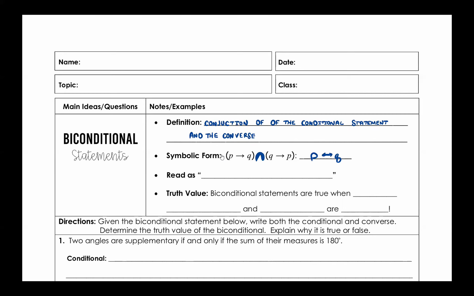And we read that as P if and only if Q. And you'll oftentimes see if and only if shorthand as iff.